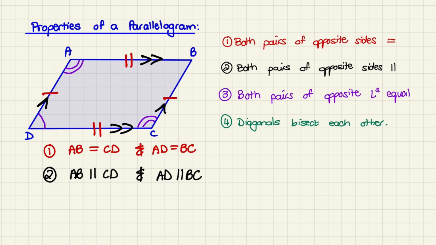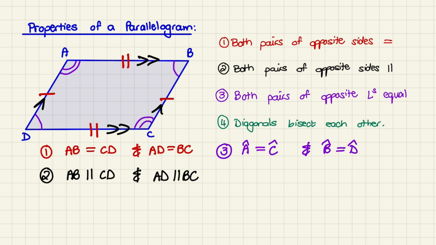And I'll do 1 curve for D and 1 curve for B to show that those are equal. So how we would write that mathematically is that angle A is equal to angle C and angle B is equal to angle D.